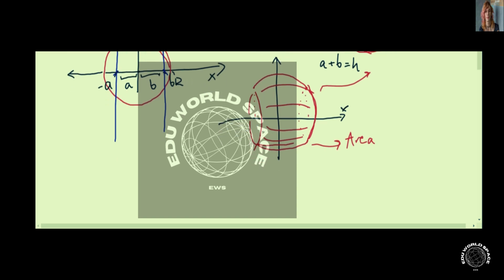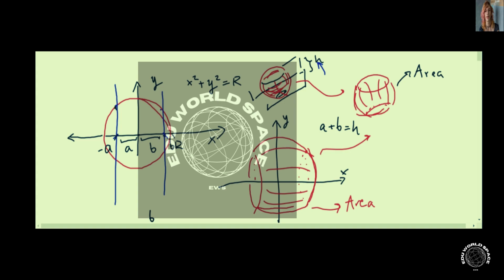So the area of this, since this is the y-axis, is gonna be the integral from minus a up to b, and this function over here is the positive solution for y. So we have that y is equal to, moving this over that side and taking the square root, because we only care about this positive part, the square root of r squared minus x squared.